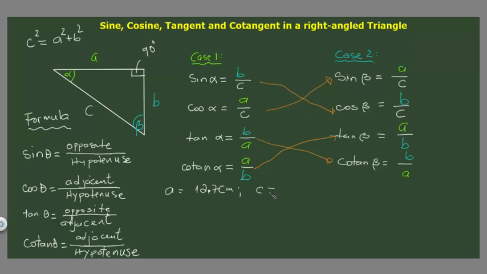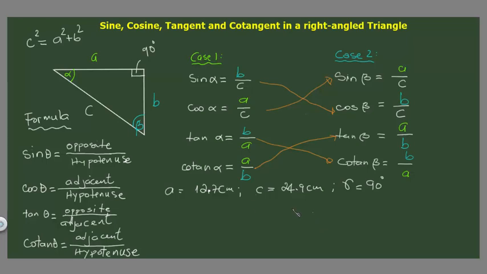The right angle, which you can call gamma or something like that, is 90 degrees. That's not a problem, because we said before that we are in a right angle triangle. Now, what we're looking for here is B.